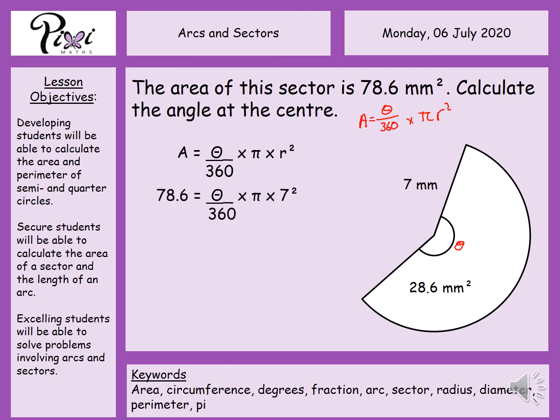So we substitute the things we do know in, we then divide by 7 squared, divide by pi, because remember we're trying to get theta on its own, and then times by 360. And there we have our angle theta. So same kind of idea, the key thing is we're just substituting in and then rearranging to get whatever it is we don't know, so theta or x, depending on which you prefer to use.